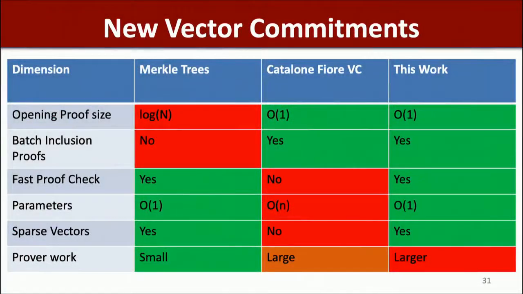We have these batch inclusion proofs. Compared to the Catalano-Fiore vector commitment, we can support an arbitrary number of accounts or indices because our setup is constant, versus theirs is linear. So for example, we can have these sparse vectors. Our proof of work, though, because we only have these bit commitments, is a little bit more expensive.